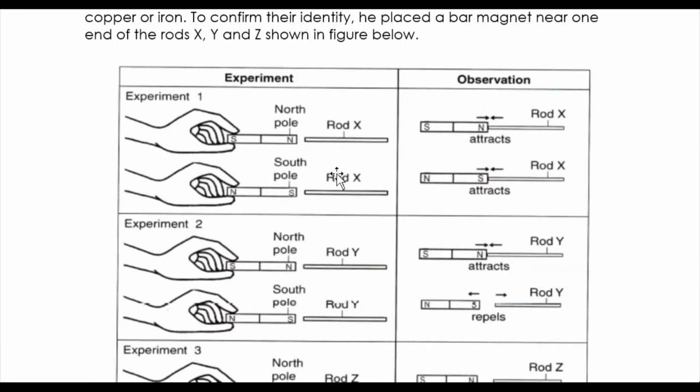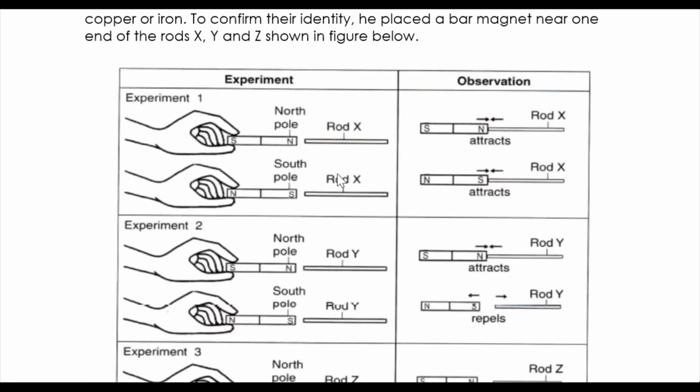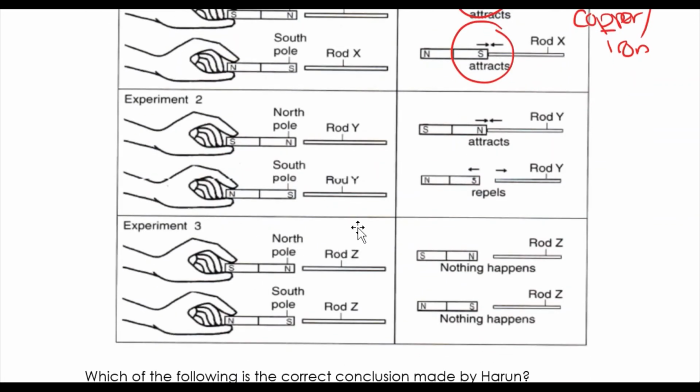So it seems like here, in the experiment, you have the north pole and this rod X. It attracts and it attracts. So I think rod X should be copper or iron. Okay, rod Y seems like there's a repelling, so that could be a magnet.